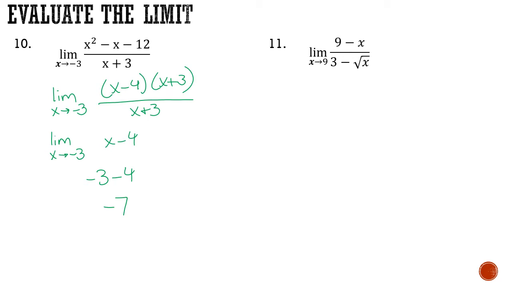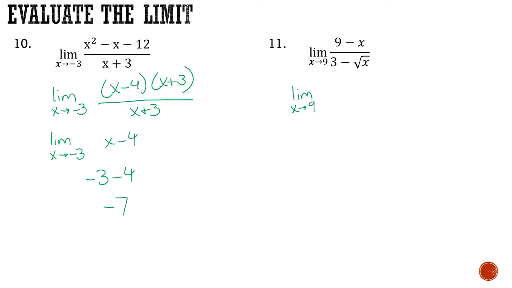But if you take a look at this problem and you think about difference of squares, 9 minus x can be factored. 9 is a perfect square; if I take the square root of it, it's 3. And then x, you wouldn't normally take the square root of that like in Algebra 2, but you can take the square root of x and you get square root of x. And that will help me simplify with the denominator. So we're going to use the difference of squares to factor the numerator.